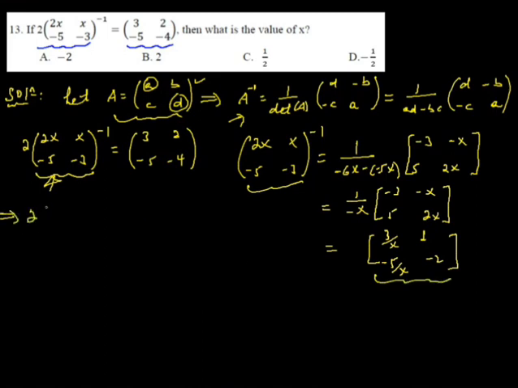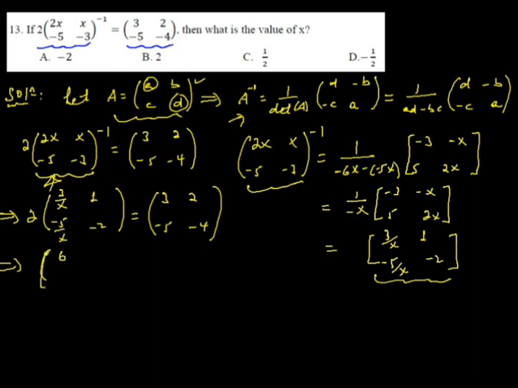Here it becomes 2 times [3/x, 1; -5/x, -2] equals [3, 2; -5, -4]. Multiplying each entry by 2, it becomes [6/x, 2; -10/x, -4] equals [3, 2; -5, -4].